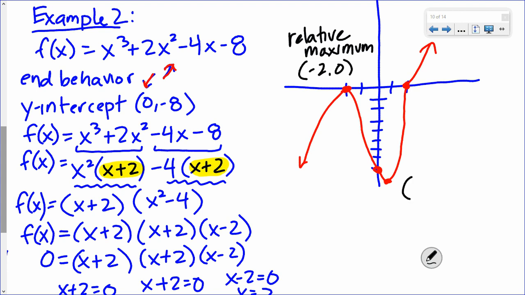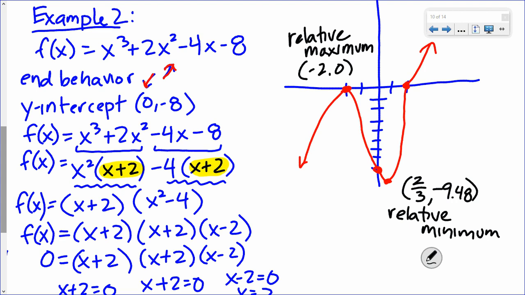But I don't know what this relative minimum point is here. So you would need a calculator to get that. And you would use calc minimum, and it'll give you a decimal value, but you know that 0.6666667 is 2/3. So I'm just going to write it as a fraction, negative 9.48.